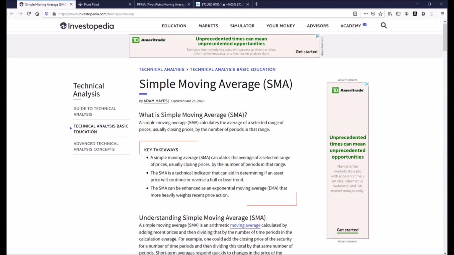You can have oscillating types of indicators. You can have a simple moving average or an exponential moving average, and we're going to find out in a moment that the TCL moving averages are actually simple. There's a simple moving average and a couple of pivot point moving averages.